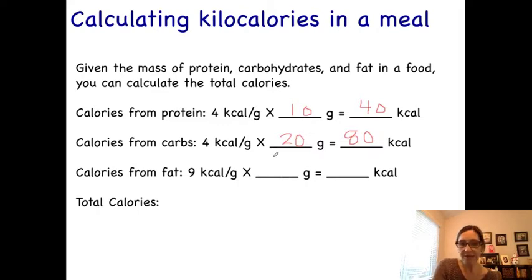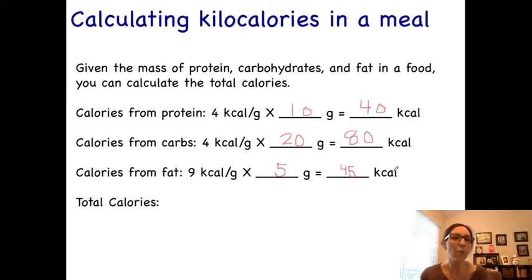Let's say that this has 5 grams of fat. Okay, so we have 5 grams of fat in this granola bar. We multiply 9 times 5, we get 45, I think. All right. And so this is the total number of kilocalories that come from fat.